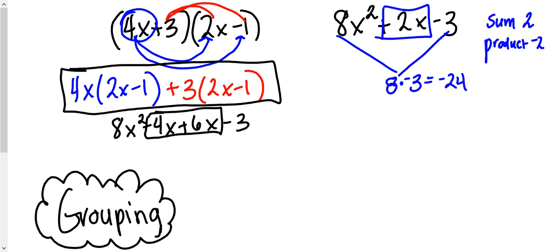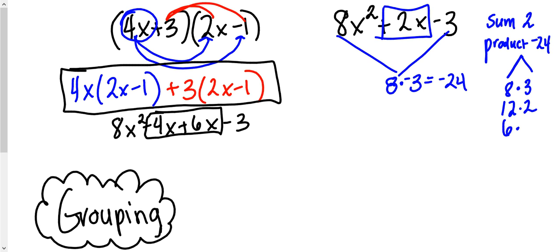So they have a product of negative 24. If I begin to look for that sum and product, let's find our factors of 24. I have 8 times 3. 8 and 3 doesn't work to equal 2. I have 12 times 2, which also does not work to equal 2.